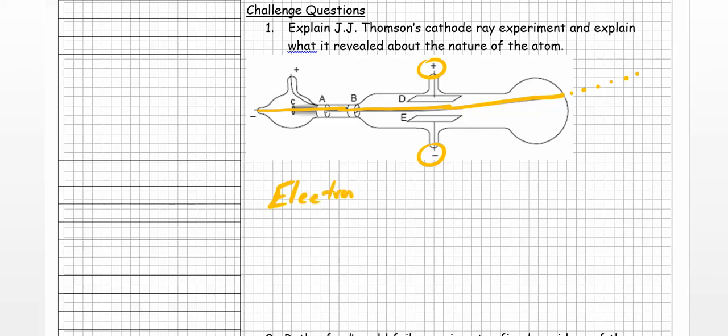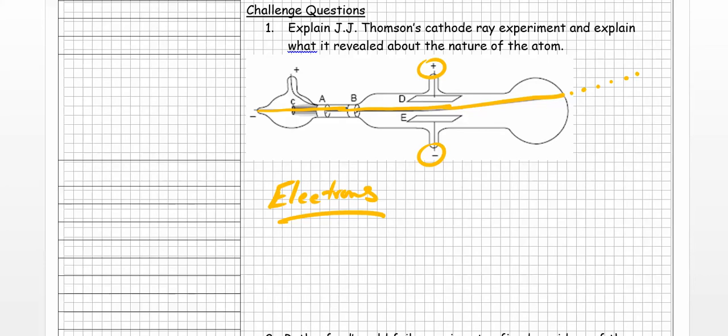He called them electrons. Now, this completely shattered the idea of Dalton that the atom was the fundamental unit of nature and that there was nothing smaller, because now J.J. Thomson's experiments revealed that the electron was the smallest particle in nature. So that meant that the whole model of the atom had to be revised.